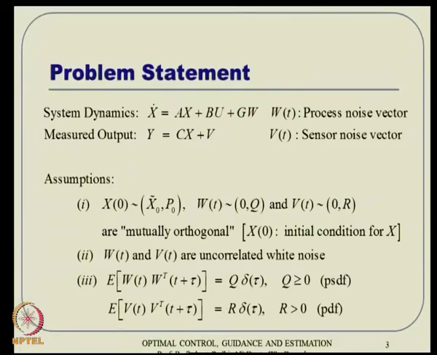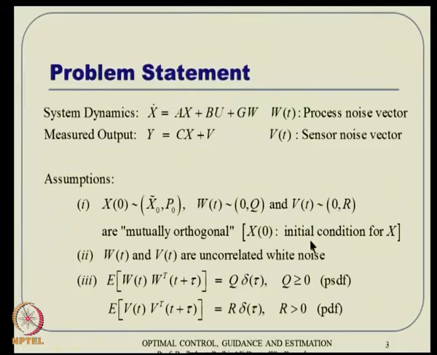To summarize again, you have three things which vary randomly: the initial condition, w and v, characterized by their mean value and covariance matrix. All these three signals are assumed to be mutually orthogonal, and w of t and v of t are uncorrelated white noise. These two are very important assumptions which you will use in the derivation process.